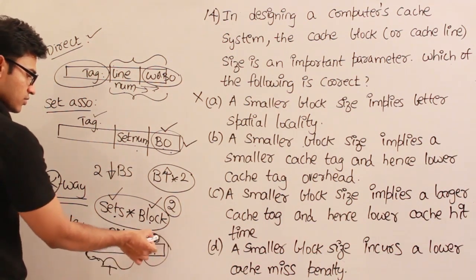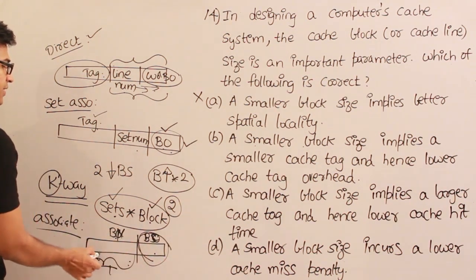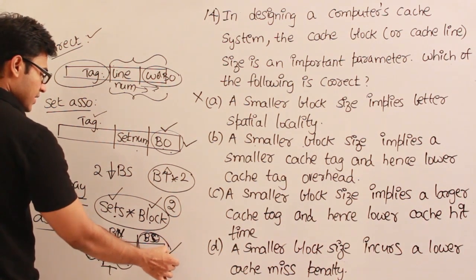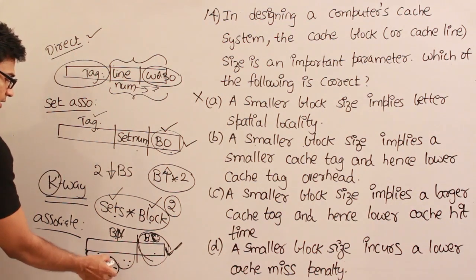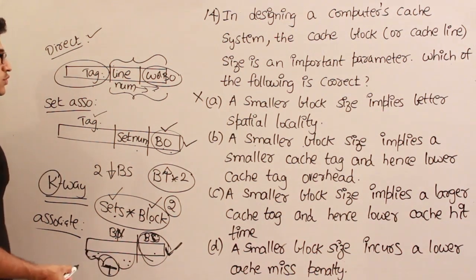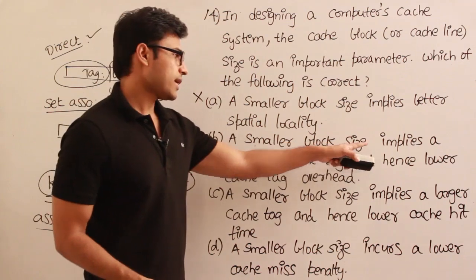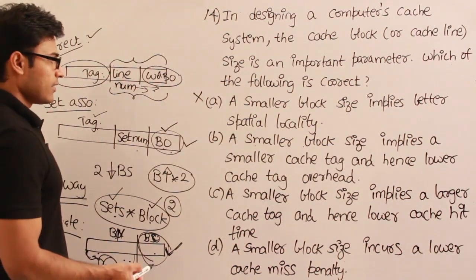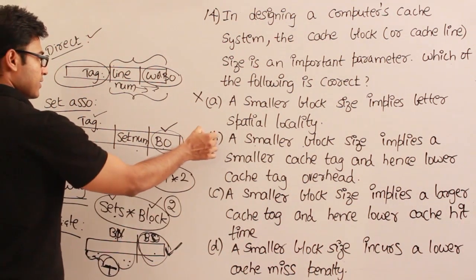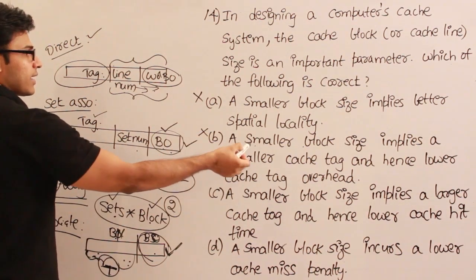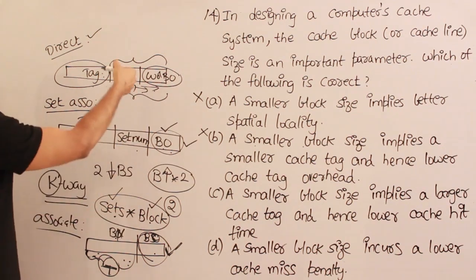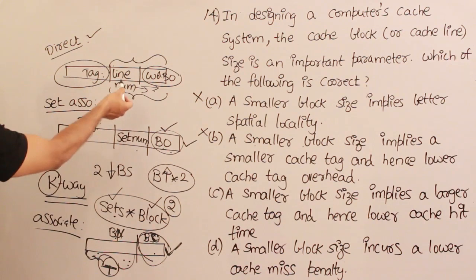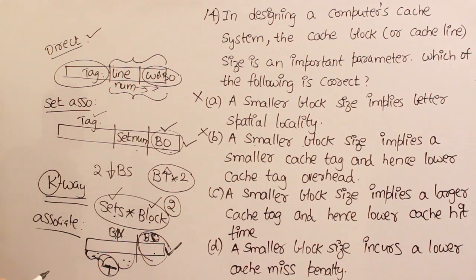Whenever you reduce the block offset, the block number is going to increase. Therefore, a lesser cache block size implies higher tag bits. So having a smaller block size doesn't imply any decrease in the cache tags in any of the memory mapping schemes. If anything, it increases or remains constant, but it is definitely not going to reduce.